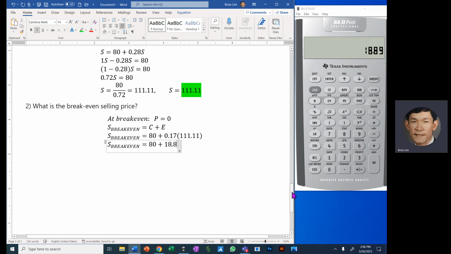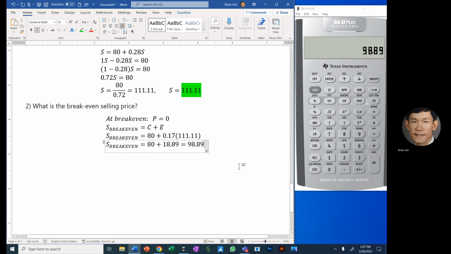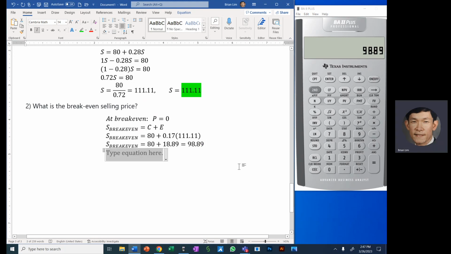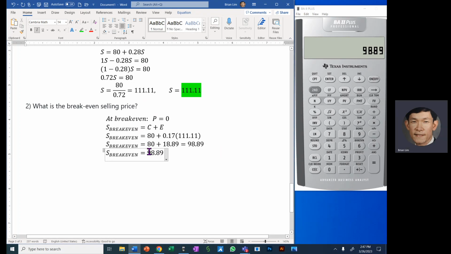It's rounding for us, which is very nice. Because if we add 80 to that number, it's 98.89. Right? So there we are. So the answer is that S at break even is equal to 98.89. So that is the break even price right there.